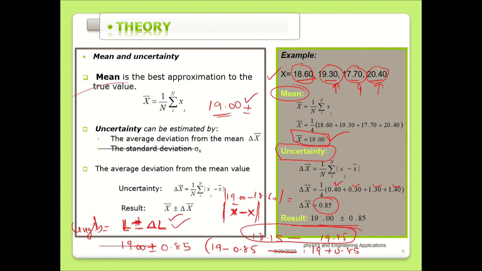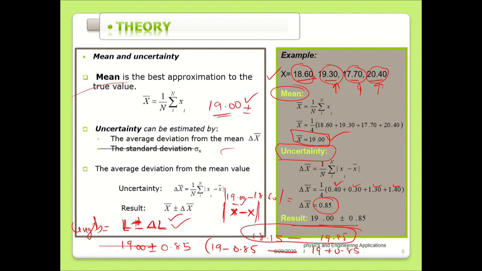Actually, what is this? Look here, we have an absolute value: the absolute value of the mean value minus the individual measured value. That means the absolute value of x bar minus x. X bar represents the mean value and x represents the individual measured value. Here 18.60 is an individual measured value and the mean value is 19.